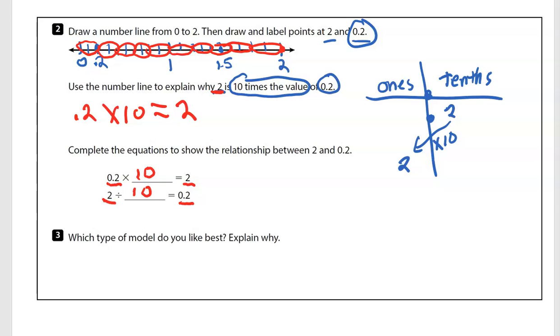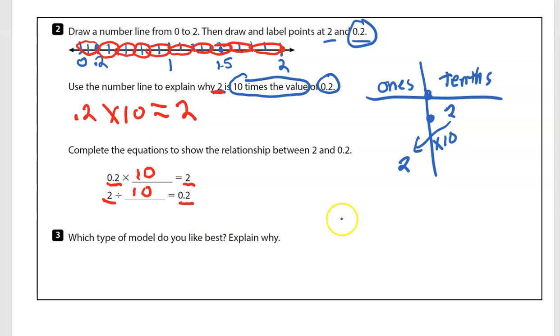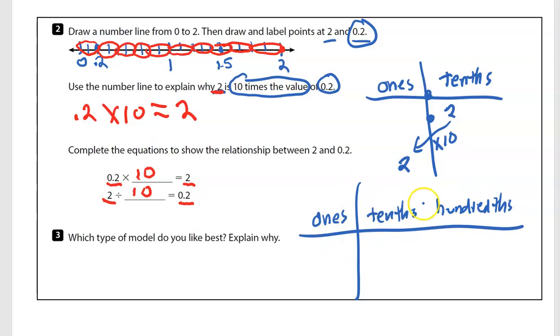Again, the big thing to take away from this lesson today is what is the relationship between the ones place value, the tenths place value, and hundreds. What's the relationship between these? And the relationship is, the key is times 10.